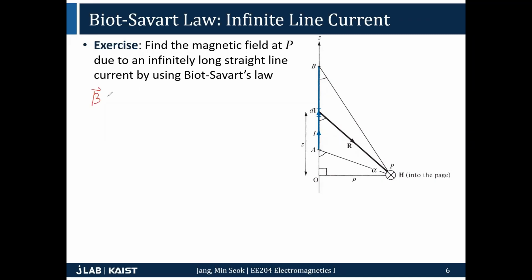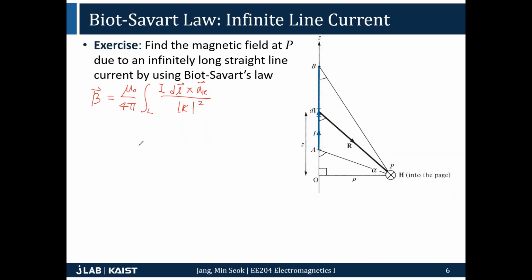So B is mu naught over 4 pi, line integration of I dl cross a_R over R squared, right?